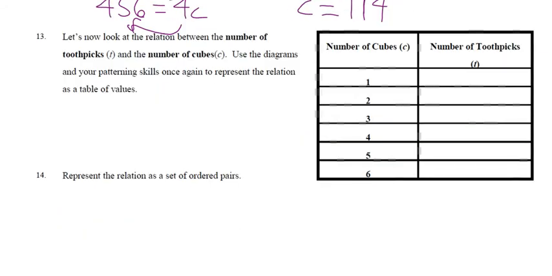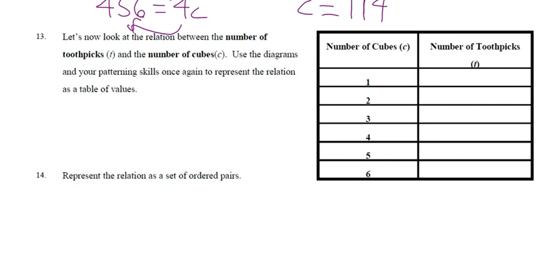Let's look at the relation between the number of toothpicks and the number of cubes. Use the diagram in your patterning skills once again to represent the relation as a table of values. Okay, so if you flip the page over, which is what I think you have to do probably, then 1 cube takes how many toothpicks? 12.